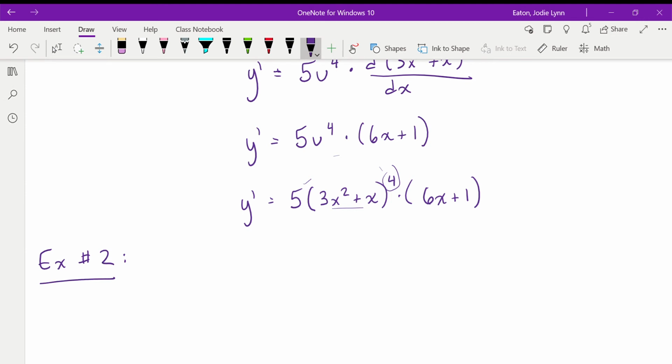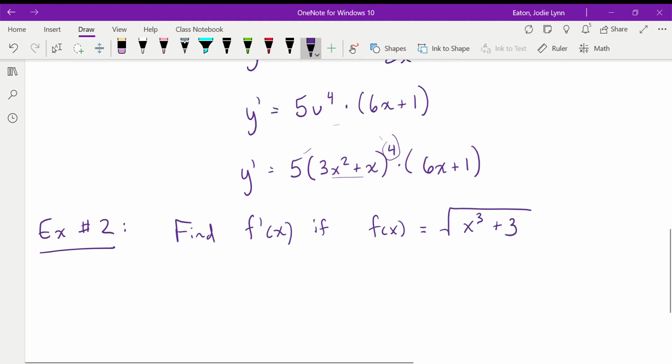So example number 2, we are going to find f prime of x if f of x equals radical x cubed plus 3. Let's make this our big F of x.